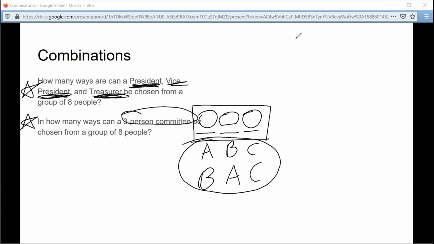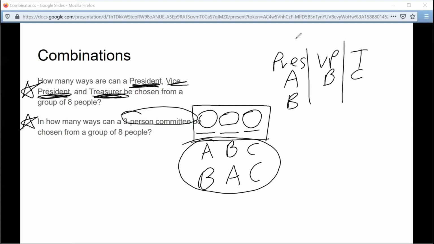However, if you had a president position and a vice president position and a treasurer position, A being the president, B being the vice president, and C being the treasurer, is actually different from B being the president, A being the vice president, and C being the treasurer.